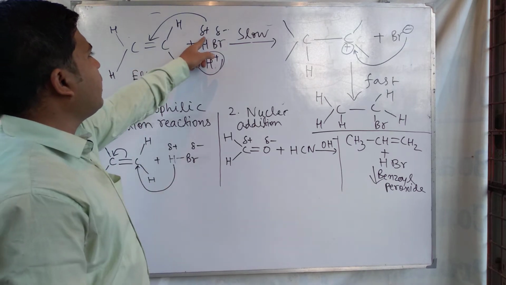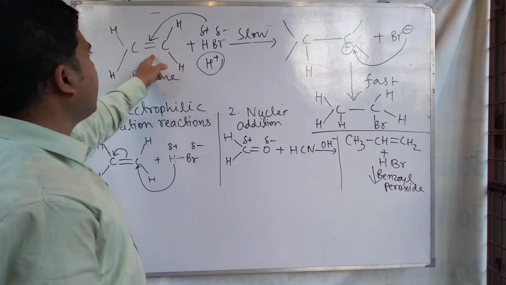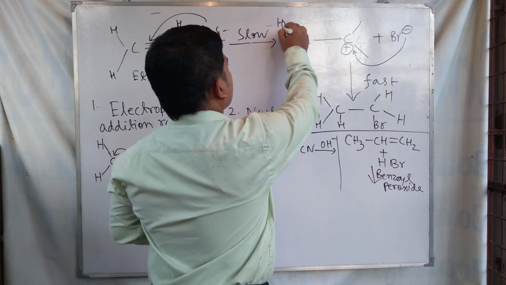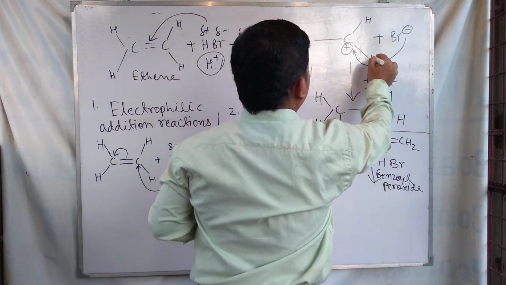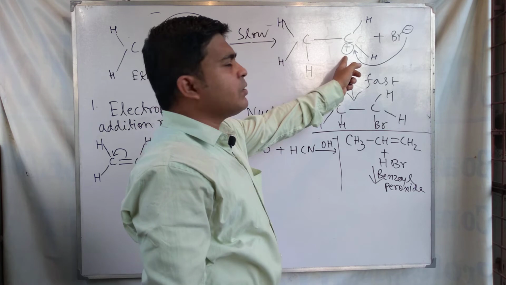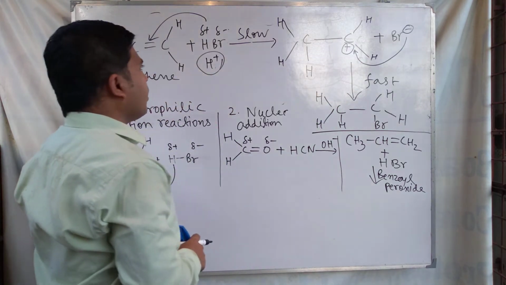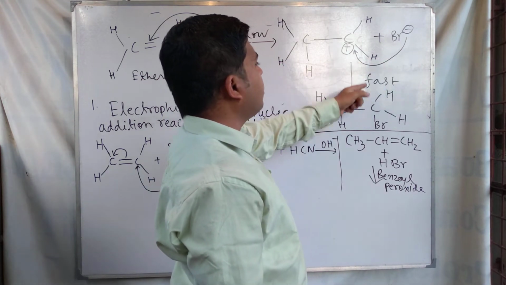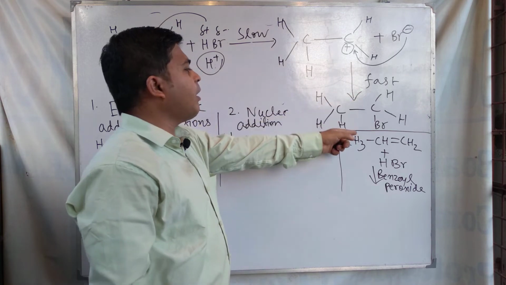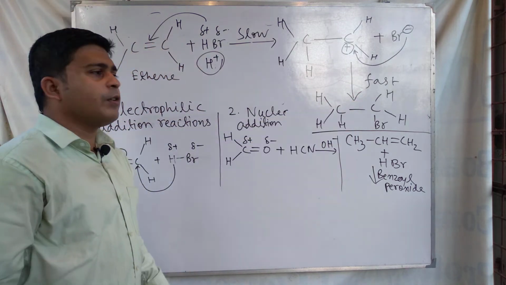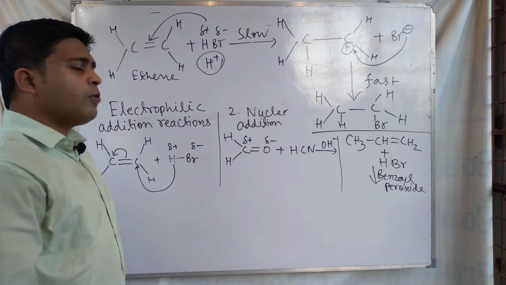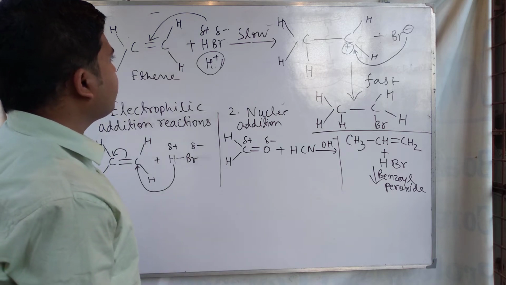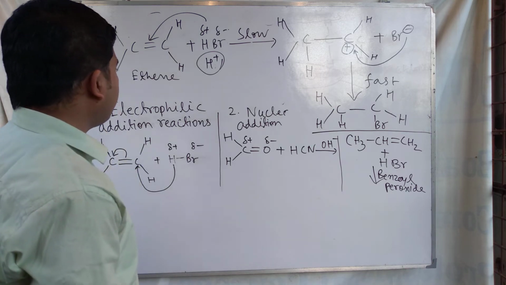At first the electrophile H plus is added to the alkene double bond and a C-H bond is formed, and a positive charged carbon, a carbocation, is formed, and then Br minus, the nucleophile, attacks this positive charge, and the product ethyl bromide is formed. This is the detail of the mechanism of electrophilic addition reactions. So you understand the electrophilic addition reaction mechanism.